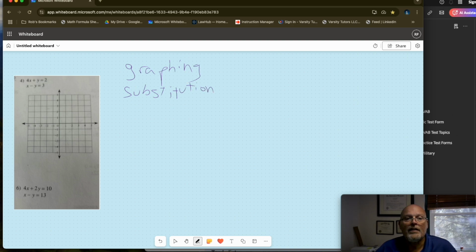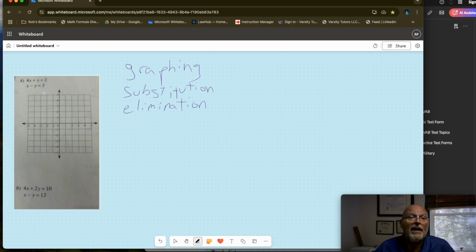And the third is elimination. As you do more of these, you will develop one that you like the most, but it's important to understand how to do all three because different systems will lend themselves to using a different method most successfully. They can all work, but sometimes one will be clearly easier.